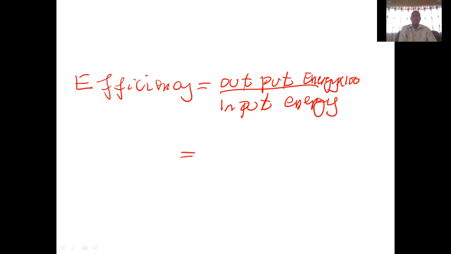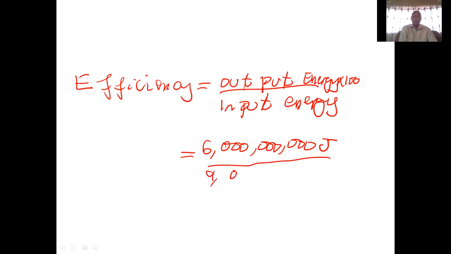Here, the 6 billion is what is produced, and the input is the amount of water energy that is lost, which is 9 billion joules, multiplied by 100.